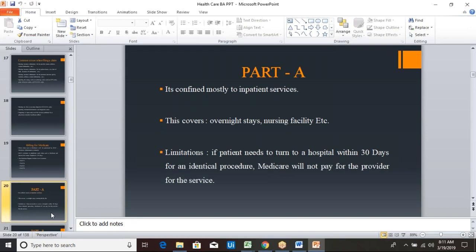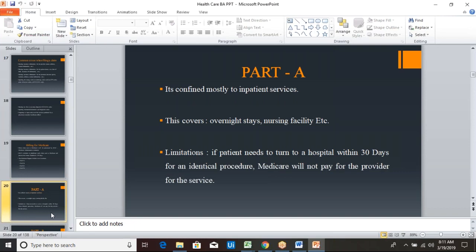Inpatient services means the night stays in a room allocated by the hospital to an individual, followed by nursing facilities. All these things come under Part A.